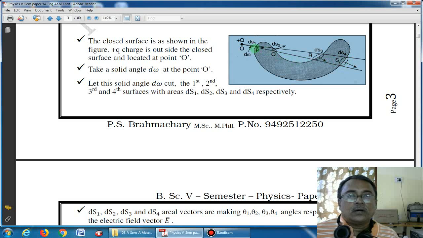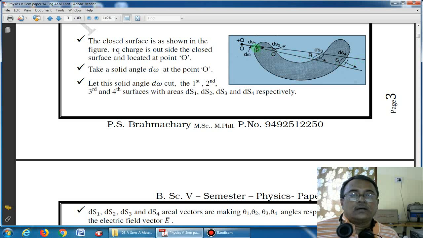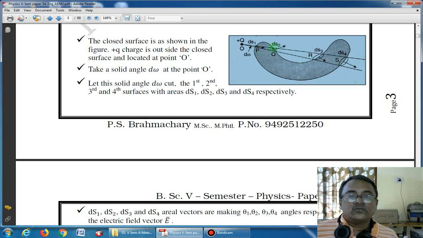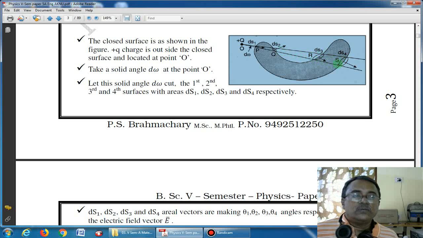So, this will be the electric field vector, and ds1 is making theta 1 angle with E bar, that is electric field vector, and this ds2 is making theta 2 angle, and ds3 is making theta 3 angle, and ds4 is making theta 4 angle with electric field vector respectively.